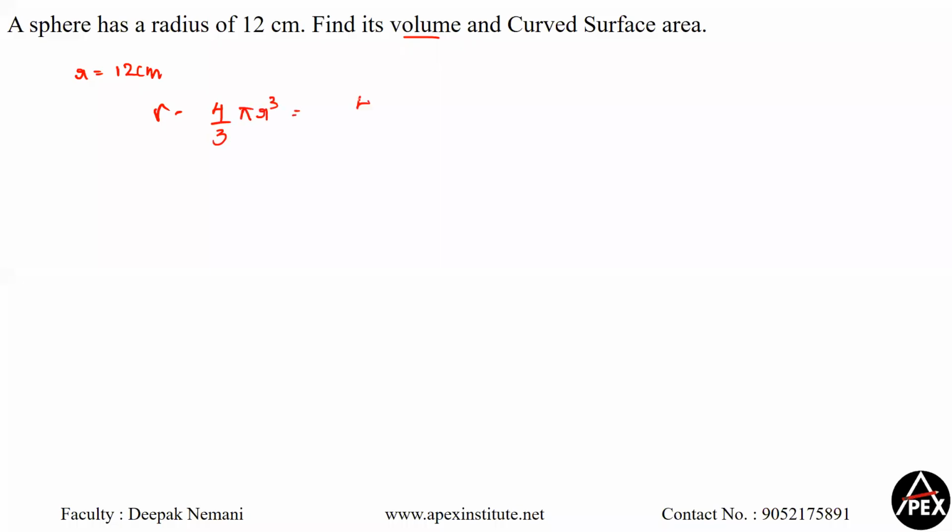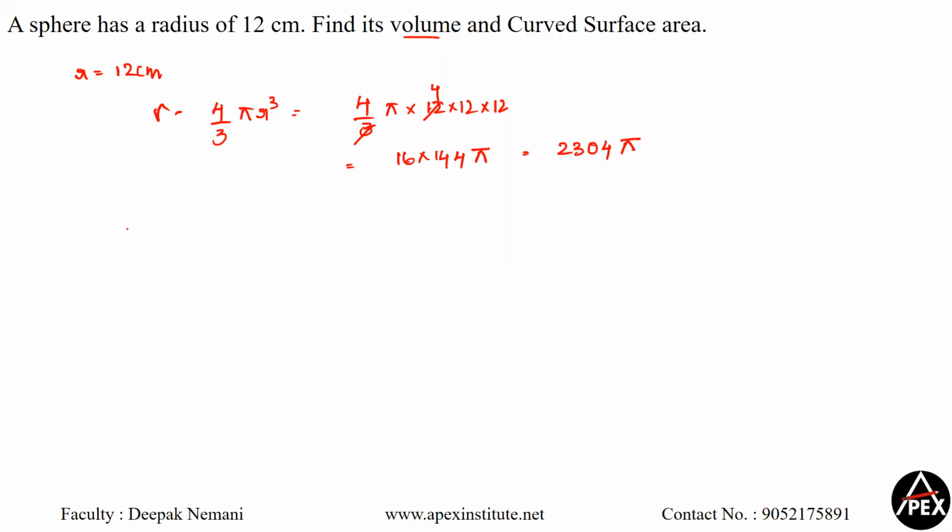So this will be 4 by 3 into 12 into 12 into 12. So this will be 16 into 144 pi. So can someone help me with the calculation? 2304. Okay. So the volume should be 2304 pi.